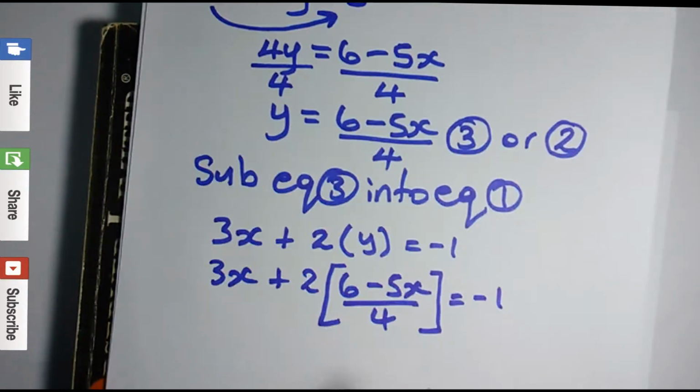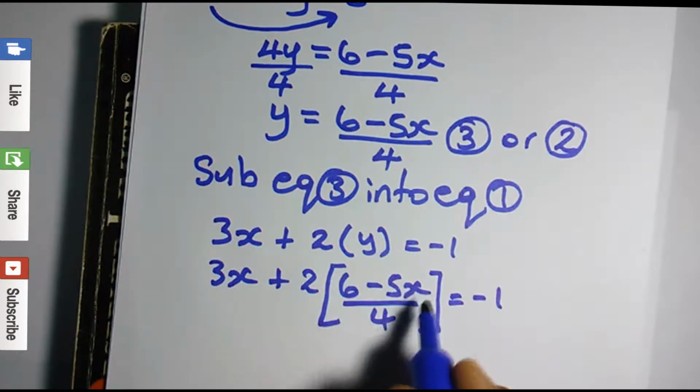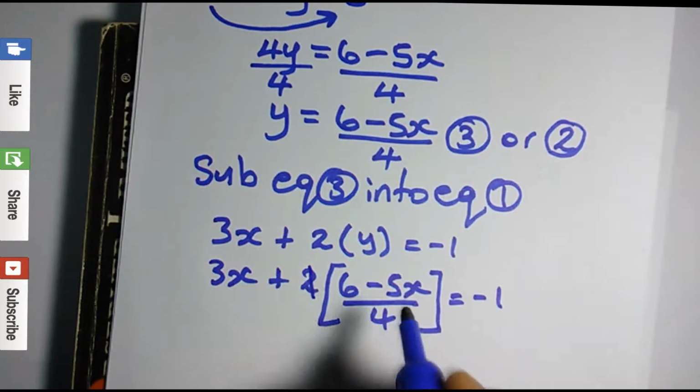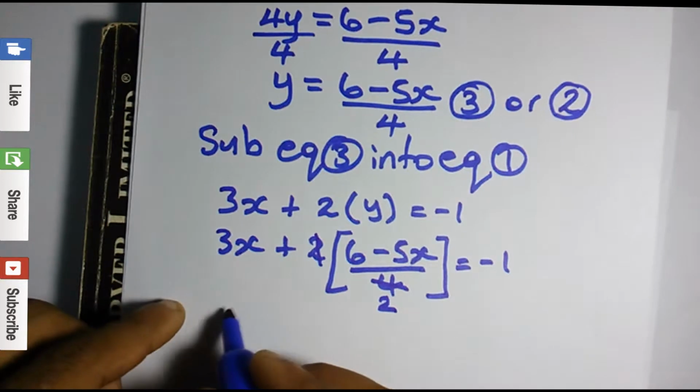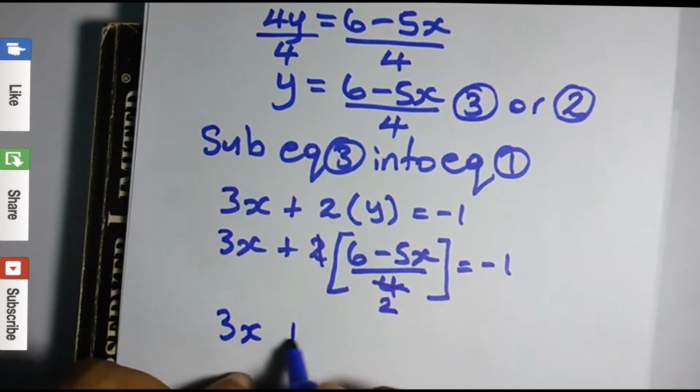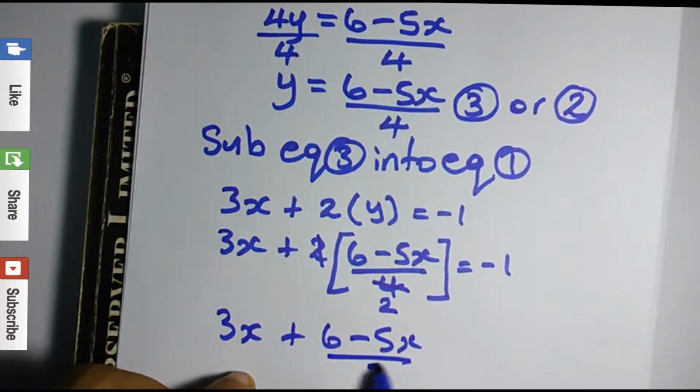Now I'm going to cancel. If you realize, I have 2 times (6 minus 5x) over 4, so this 2 can cancel this 4, which gives us 2 at the bottom there. So I'm left with 3x plus (6 minus 5x) over 2 equals -1.